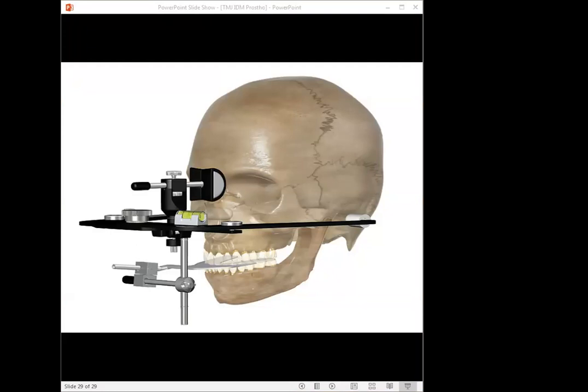She is asking, where is medial pterygoid?